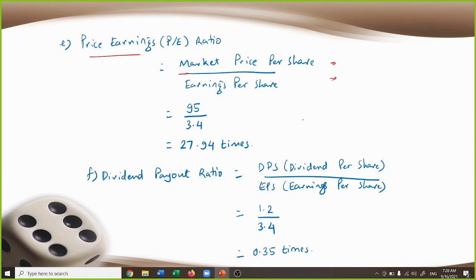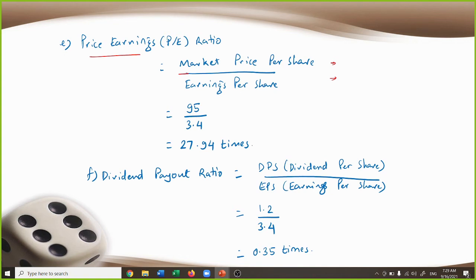What do you understand by price earning ratio? It's the number of times that an investor is paying per dollar of earnings of the company. If it is higher, then the investor is paying very high in terms of the earnings of that company.